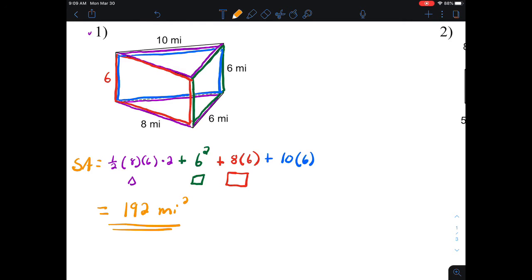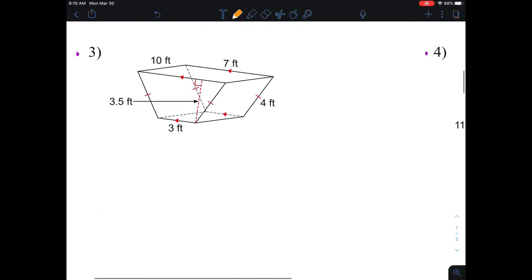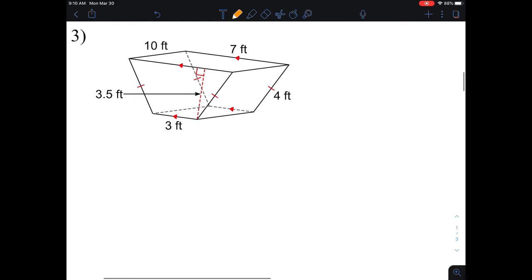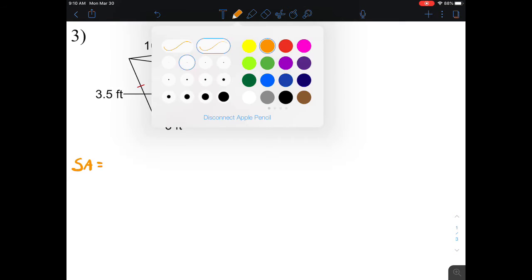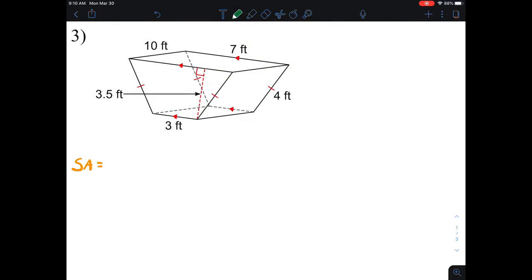All right, let's look at another one. So I look here at number 3, and we want to find the surface area again. I start looking at the individual sides that I see and their geometrical shapes. The surface area is going to equal the sum of all the areas of the individual sides. I'm just going to start here at the very bottom.